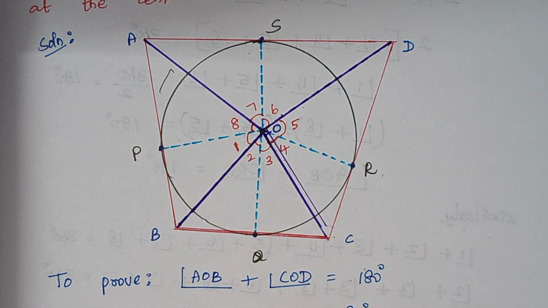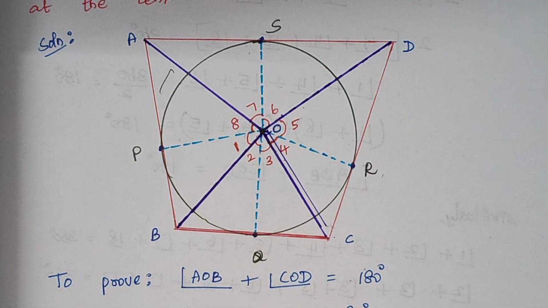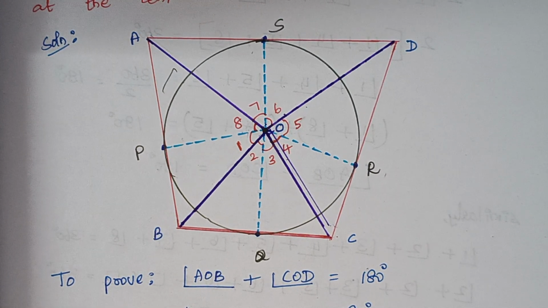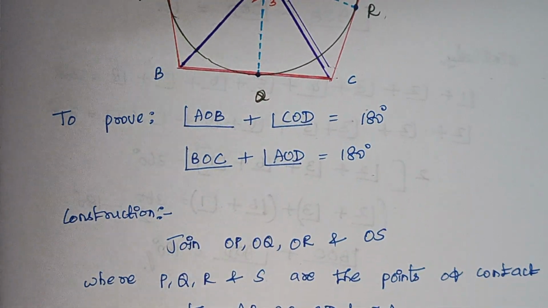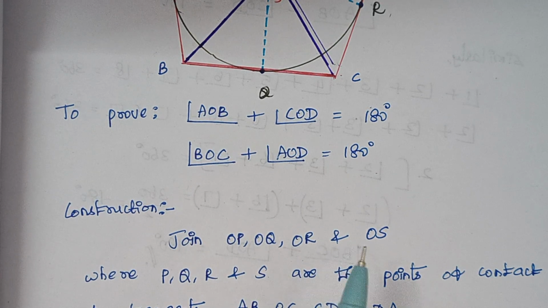So here we need to join OR, OS, OP and OQ. This is the key thing to be done. Once it is done, it will make solving the problem easier. So this is the construction: we join OP, OQ, OR and OS.